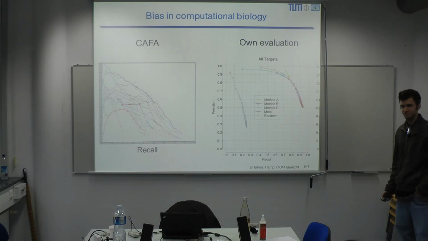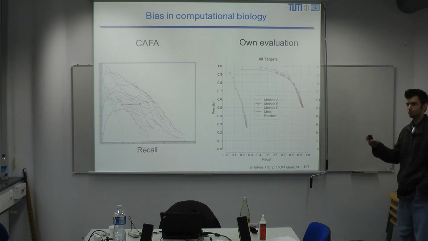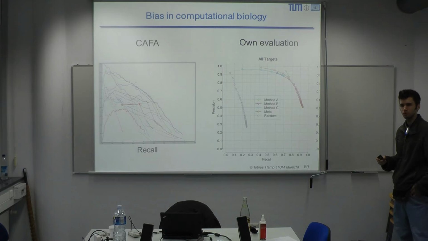But they gathered the proteins differently. How did you get to 10,000 and how did they get to 800? We randomly picked 10,000 proteins from the SwissProt database, and then these proteins were removed from SwissProt, and what remained was used for blasting, for prediction. Essentially the same principle as in CAFA.